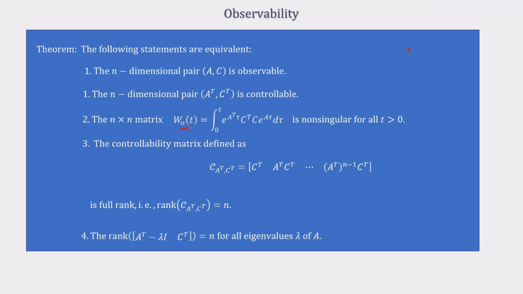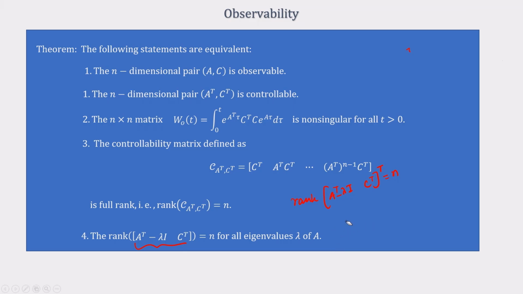Now, see, omega naught being non-singular is equivalent to omega naught transpose being non-singular, right. Similarly, the rank of this matrix being equal to n is equivalent to the rank of its transpose being n. And similarly, the rank of [A transpose minus lambda I, C transpose] being equal to n is equivalent to the rank of the transpose being equal to n.